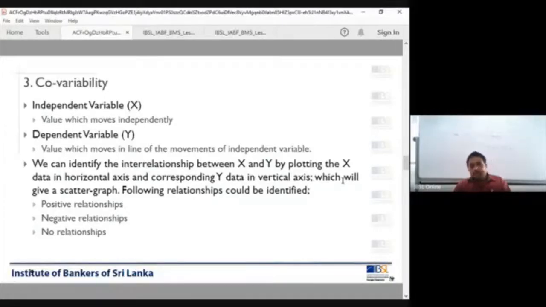And then when we come to the next segment on regression analysis, multivariate analysis, what we are going to do will be to identify the best fit line or the trend line for these data sets of independent and dependent variables. And then by defining those, you can predict for a given independent value what would be the value of the dependent variable.